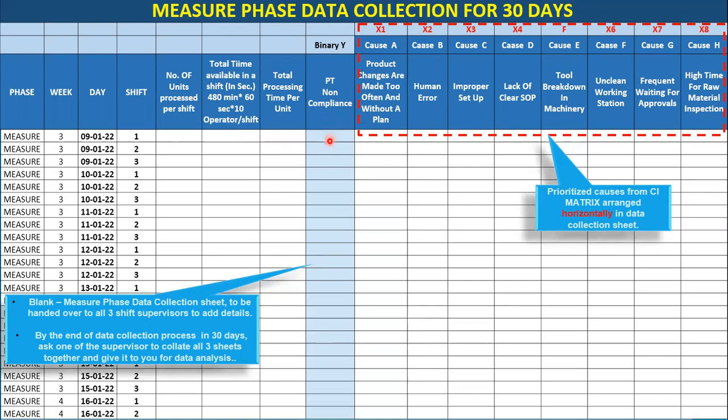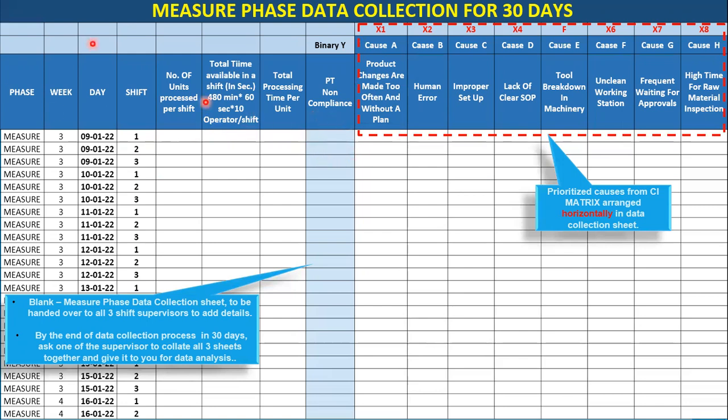And is it PT non-compliance? What was the target given by the client? Target was 270 seconds per unit. Here we are getting 288 seconds per unit for a given shift. So this given shift will be non-compliance, NC, right?